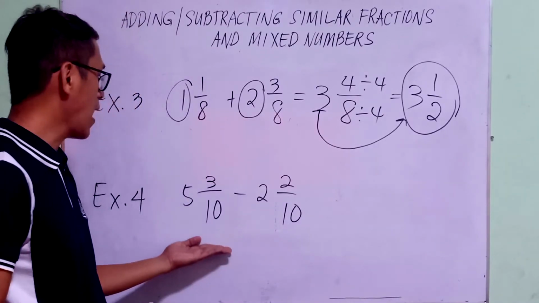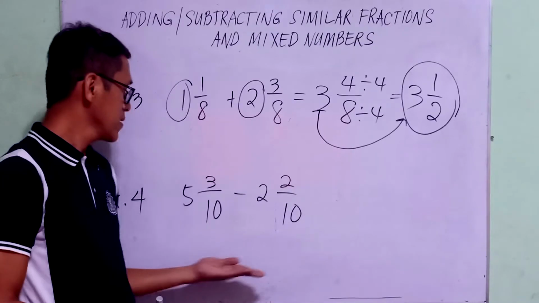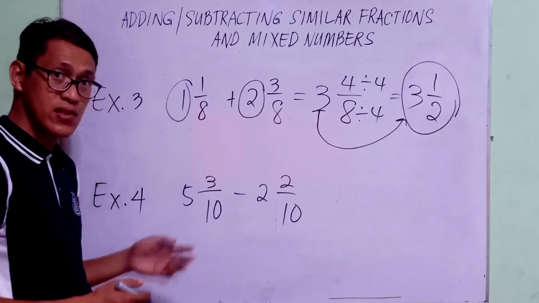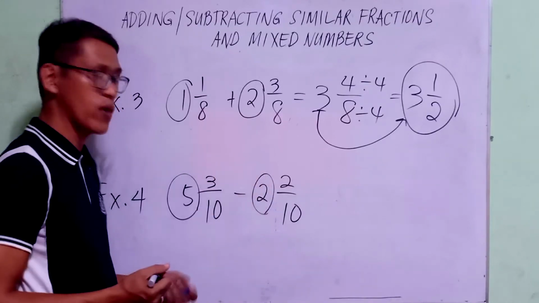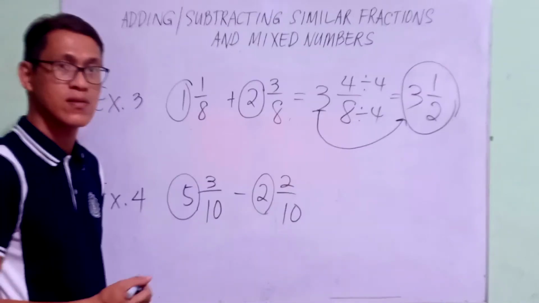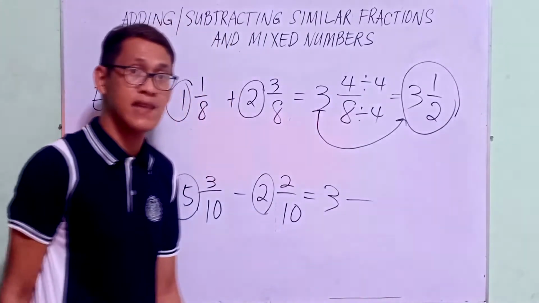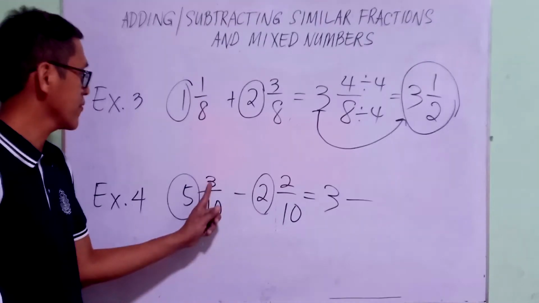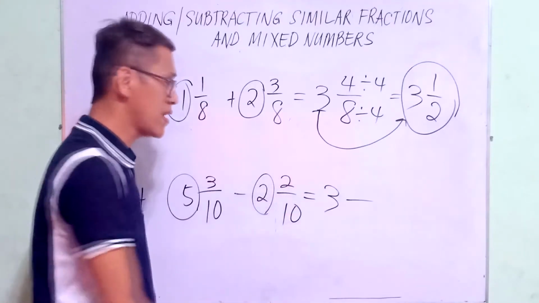Now let's subtract this mixed number and this mixed number. So again, you start with the whole number. What's 5 minus 2? Yes, that's 3. Then subtract next the numerators. Correct. 3 minus 2, that's 1.